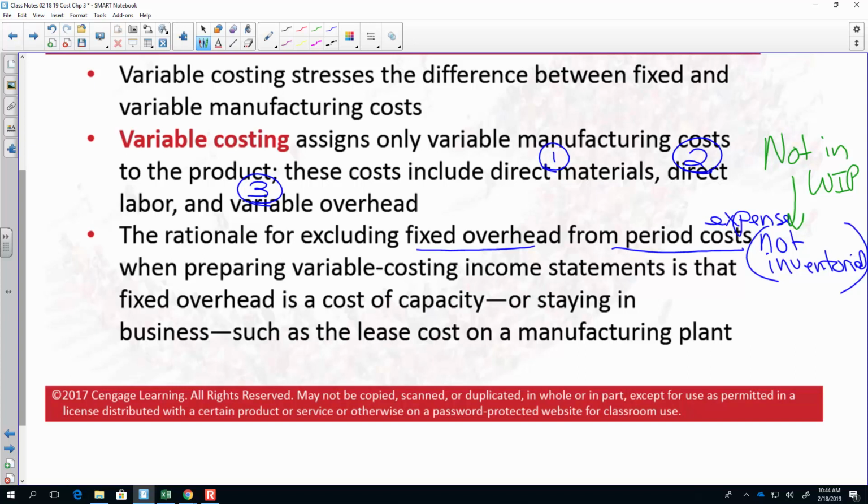Not in finished goods, right? Not in cost of goods sold. So where is it reported then? It's below margin. So this is reported below gross margin, with the selling and admin expenses.